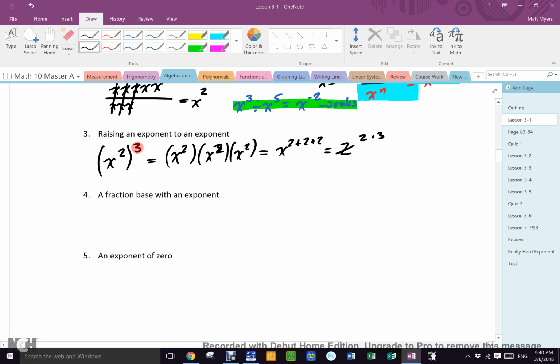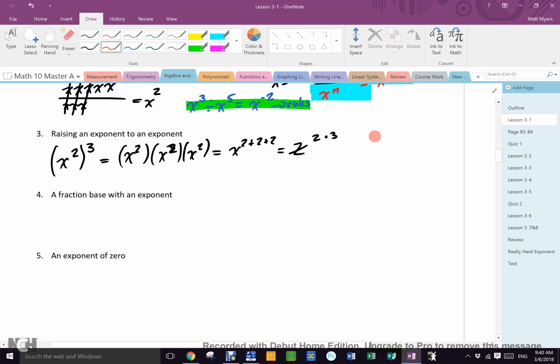So whenever we have an exponent to an exponent, it multiplies. The rule is x to the m to the n equals x to the m times n, which is going to show up in a minute. And then I'll highlight it in blue like I highlighted all the others.